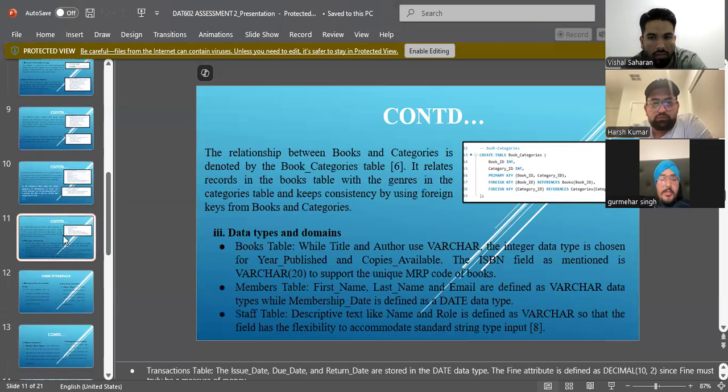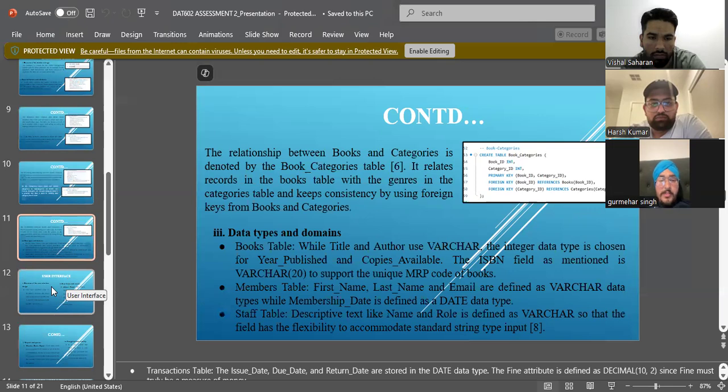The second one is categories. The relationship between books and categories is denoted by the book categories table. It relates records in the books table with those in the categories table and keeps consistency by using foreign keys to books and categories.